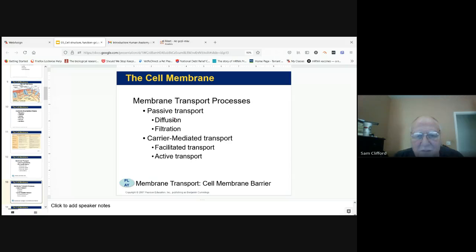We have passive transport, where substances diffuse from high to low concentration. Filtration can also allow the cell to determine what comes in. There's facilitated transport, which has a special channel to allow a substance to come in. Active transport has to have energy.